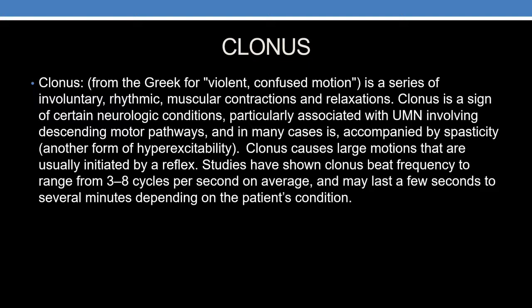And this is due to upper motor neuron lesion. So clonus causes large motions that are usually initiated by a reflex, and we'll talk about how to initiate the reflex in just a moment.